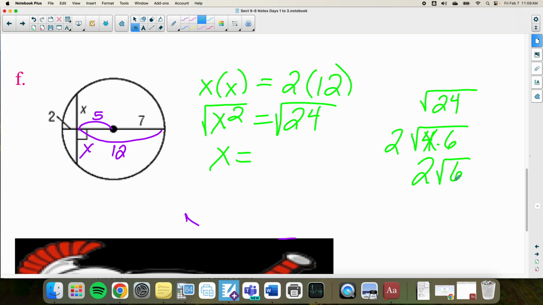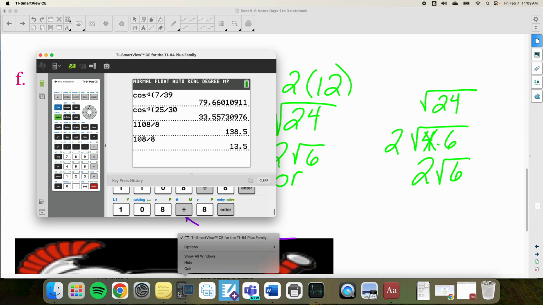But if you didn't write it like that, and instead you just did square root of 24 on your calculator, that's okay. I certainly wouldn't do it this way. If it was like a number bigger than 100, I wouldn't even try that. You can wait till algebra 2 to do that.